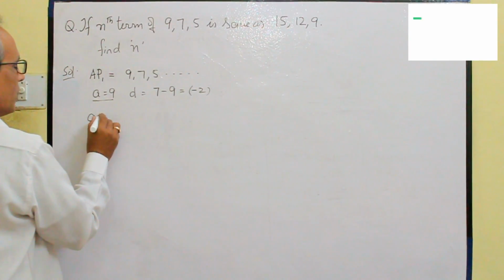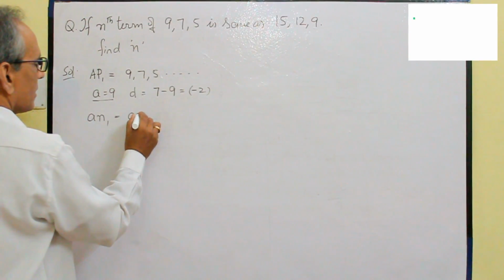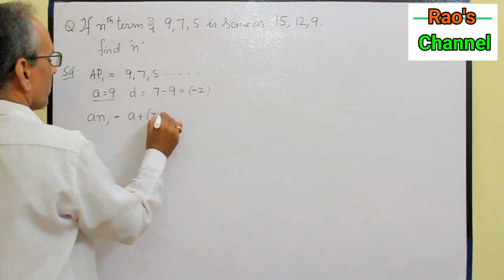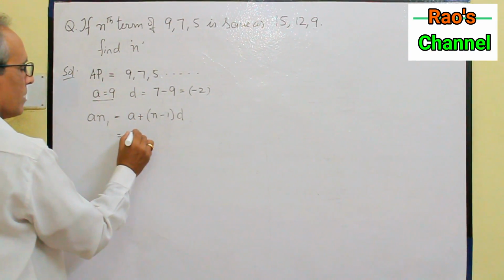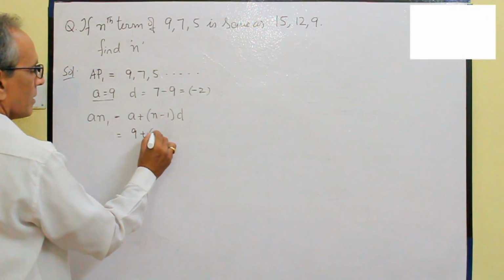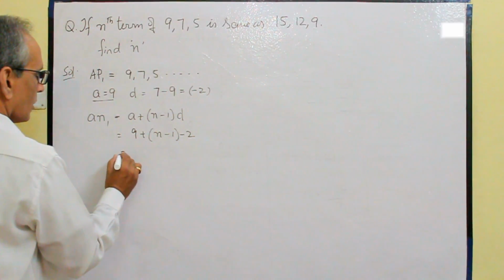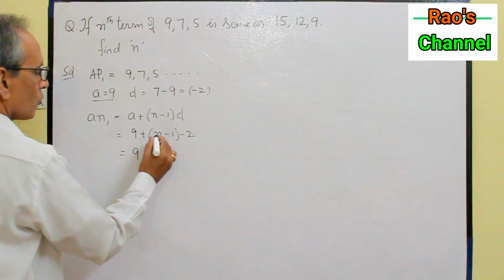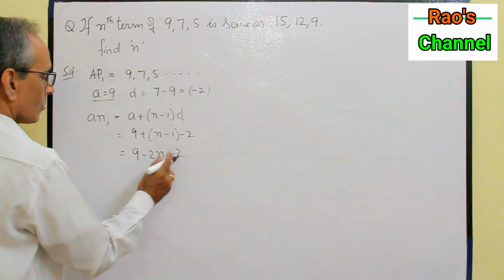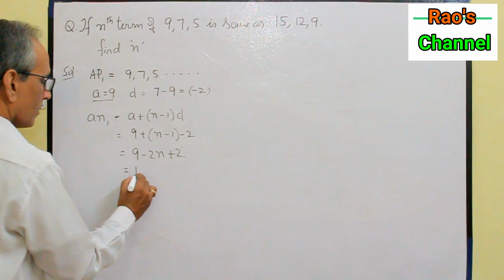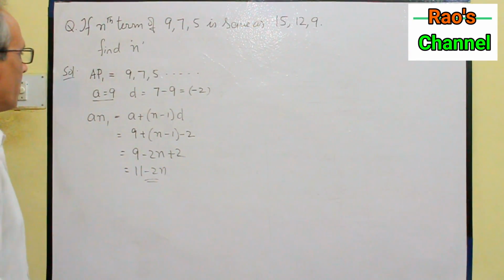Now the nth term of AP1 is A plus n minus 1 D, that is 9 plus n minus 1 times minus 2. Let me compute. 9 minus 2n, minus 2 times minus 1 is plus 2. So 9 plus 2 is 11. 11 minus 2n is the nth term of AP1. Now AP2.